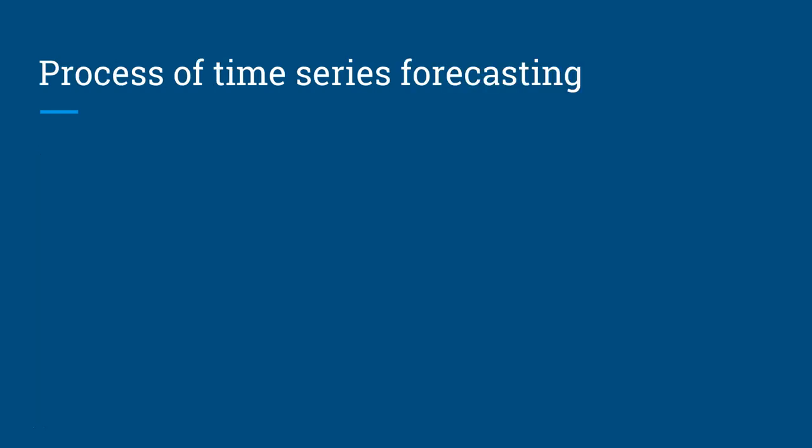So after this, what is the process of time series forecasting? Well, this is important, and just take it as a very high level process, because there will be a lot of sub processes within the time series forecasting process. The first process is to plot the data. As I mentioned earlier, the very first thing you will do is plot the data over a period of time.